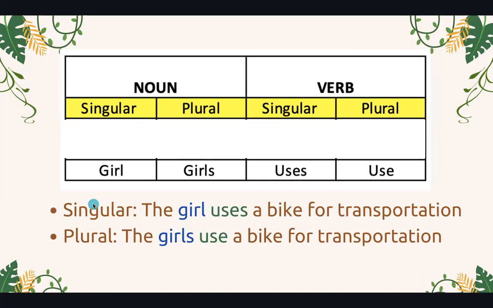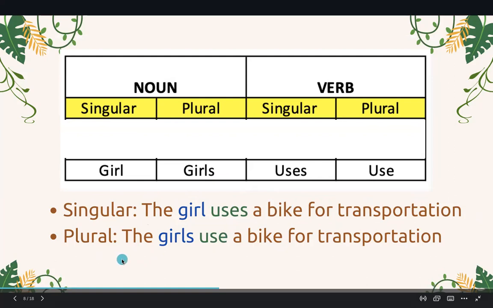Another one. We also have an example. The girl uses a bike for transportation. You can see that the girl is your singular subject, and it takes your singular verb, uses. You can see that it ends with S. Another one, we have plural: the girls use a bike for transportation.